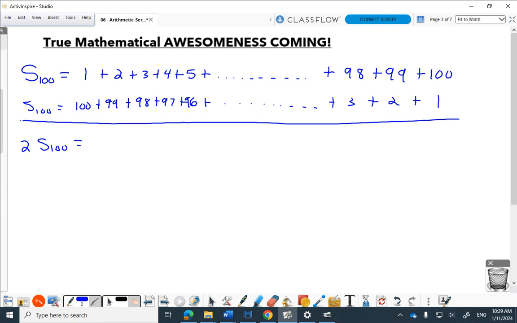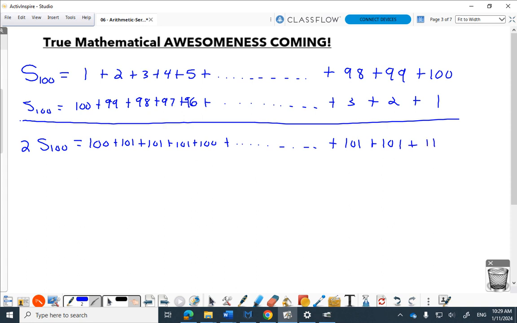Double's good. And he got, oh, when I add those, I get 101 plus 101 plus 101 plus 101 plus 101. The terms on the top are going up by 1 every time. The terms on the bottom are going down by 1 every time, so it's going to stay a consistent sum. Every one of these little sums is going to be 101.